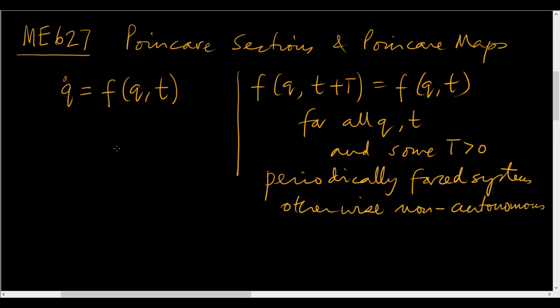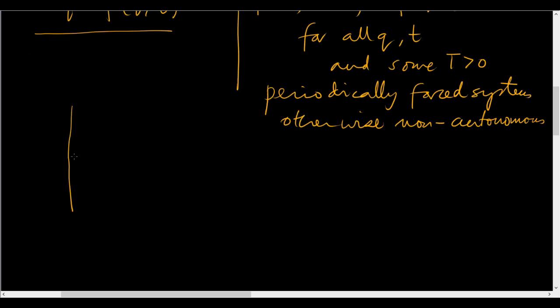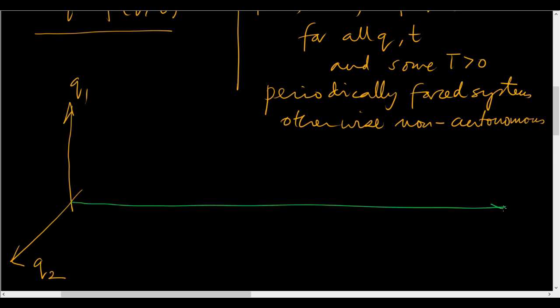Okay. One way to think about this system is to think that there is a Q1 and a Q2 axis. I am showing only two of them for ease of drawing, and with green I will show the time axis. So this is time.